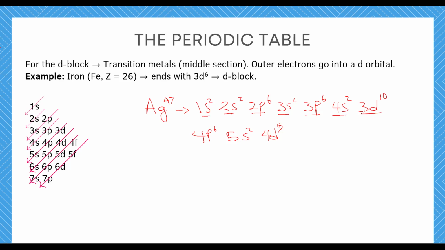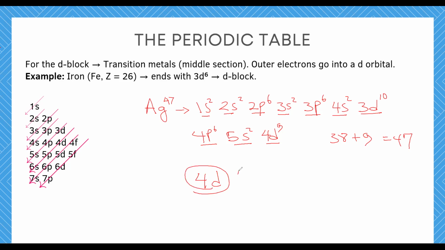And then we have 10, that makes 30. 30 plus 6 makes 36. 36 plus 2 makes 38. And then 38 plus 9 gives us 47. So we ended our electronic configuration with 4d.